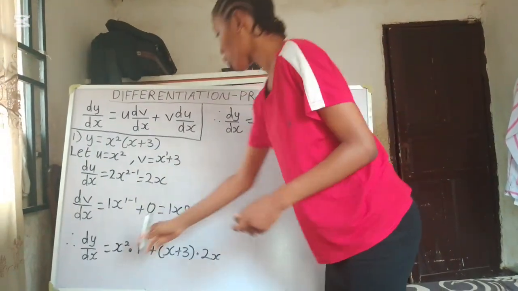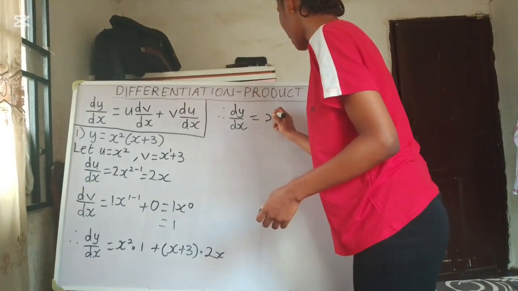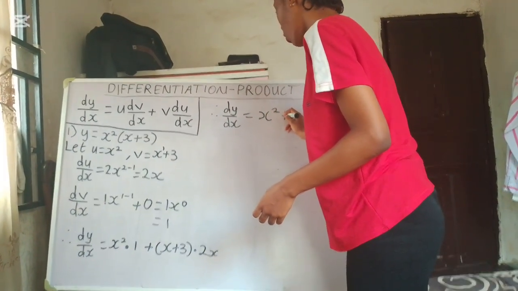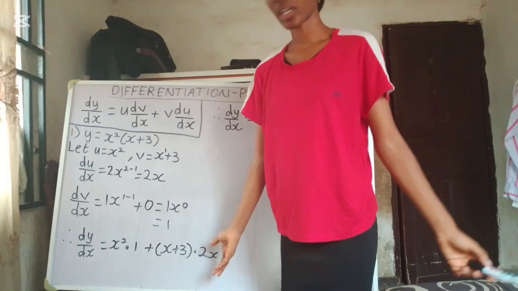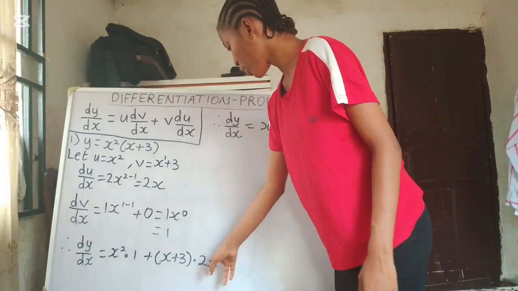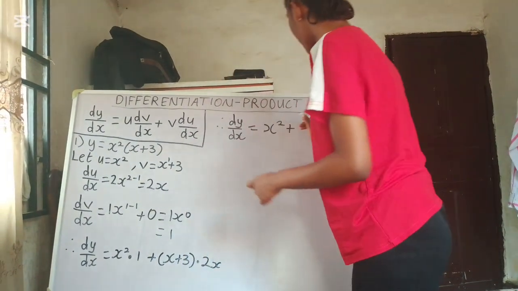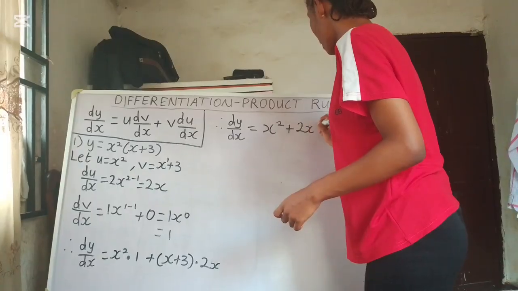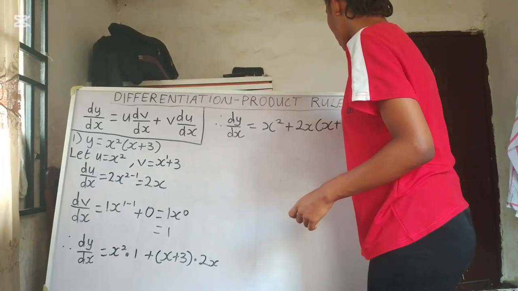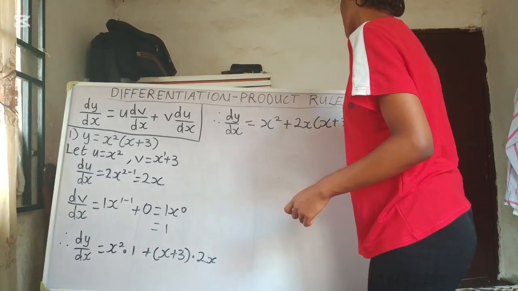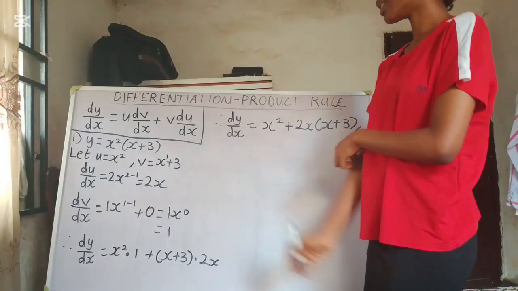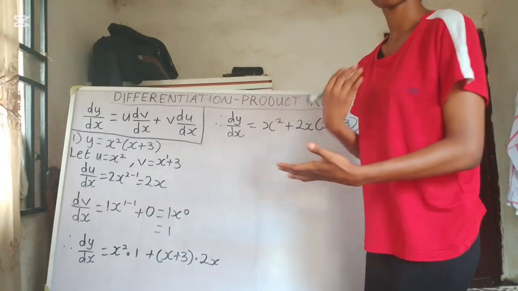equals x squared times 1, which will give us back x squared. Plus, there is no need to open this bracket, so you just write, we'll bring this 2x to the front since it's multiplying, plus 2x into x plus 3. You can decide to leave your answer like this, or you can decide to expand, whichever you choose.